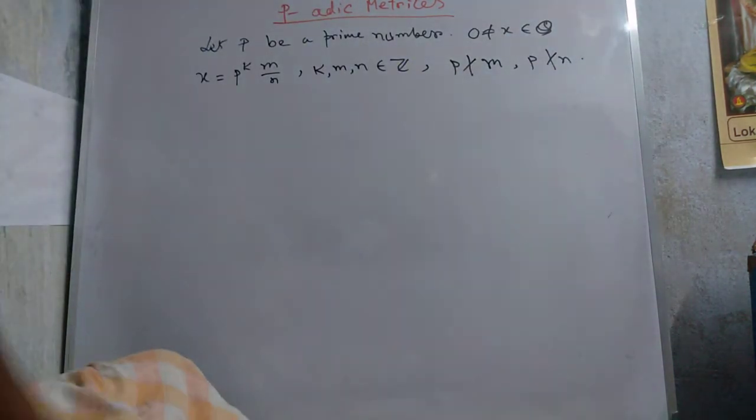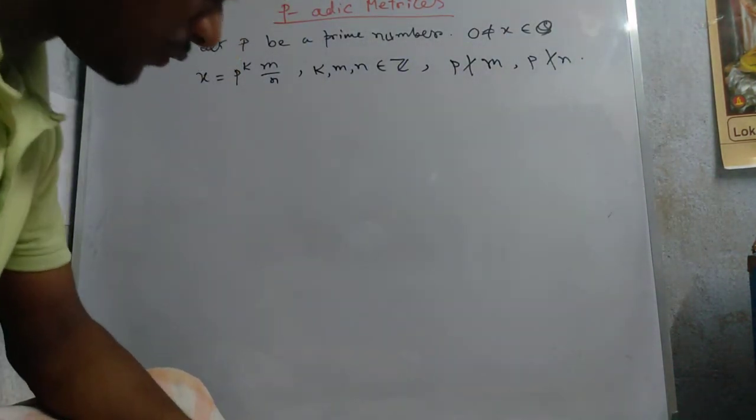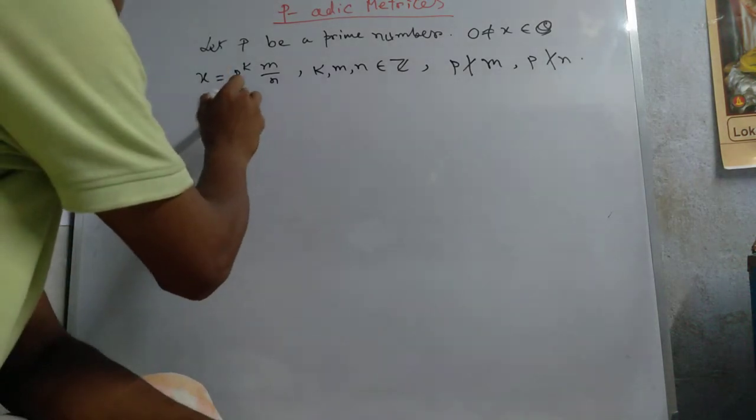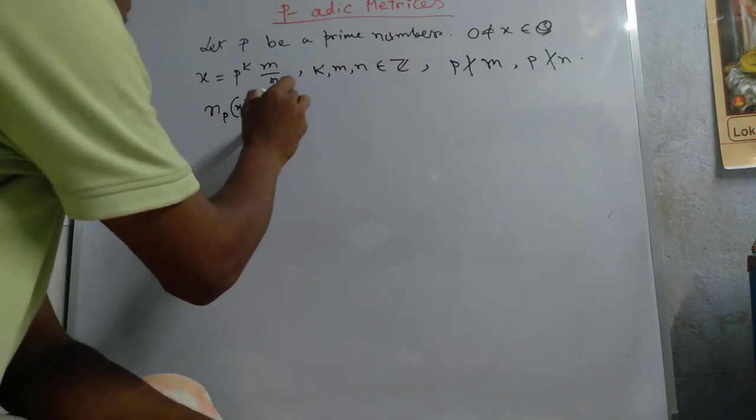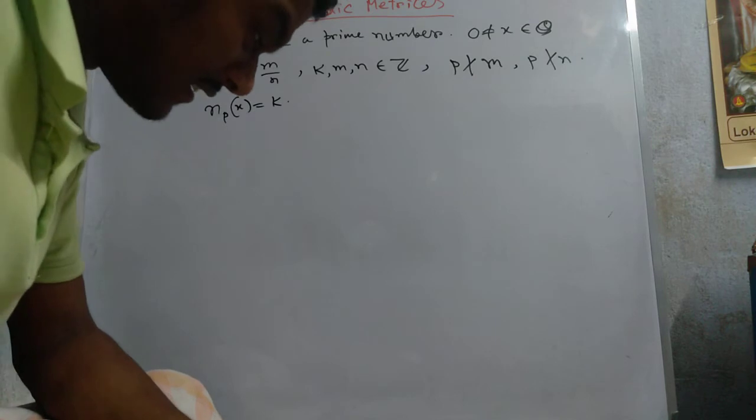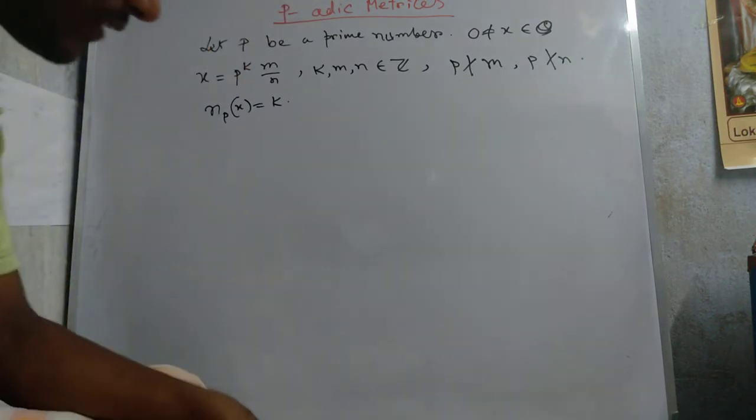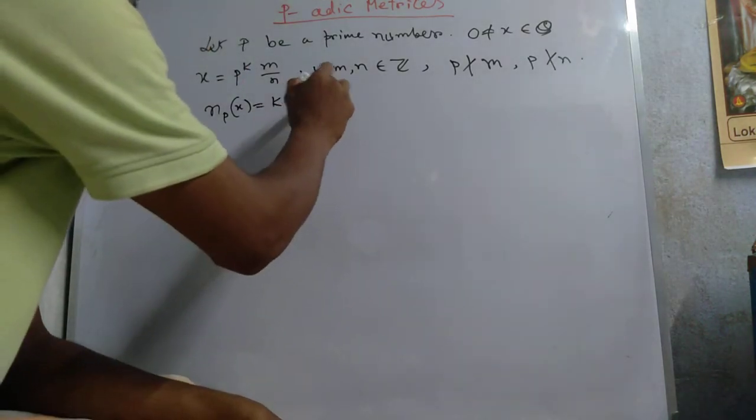Then we define the valuation v_p(x) equal to k.